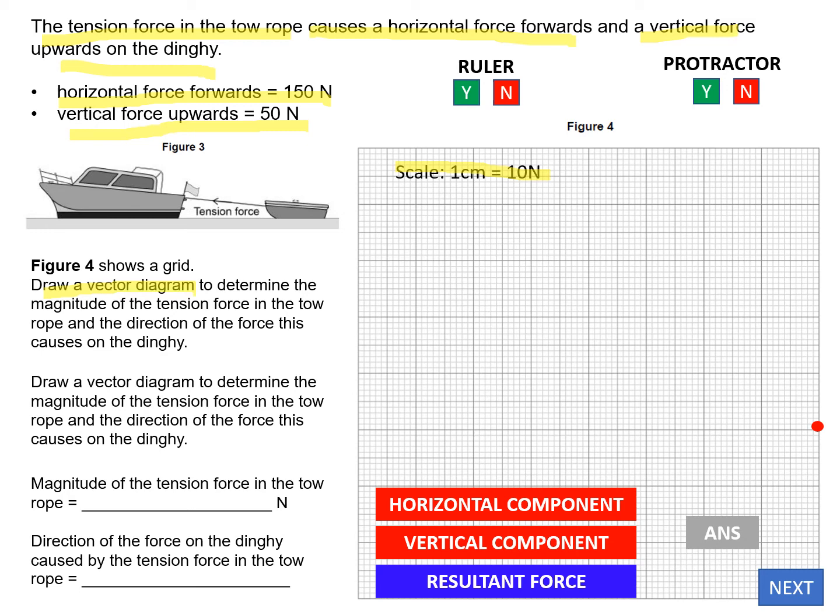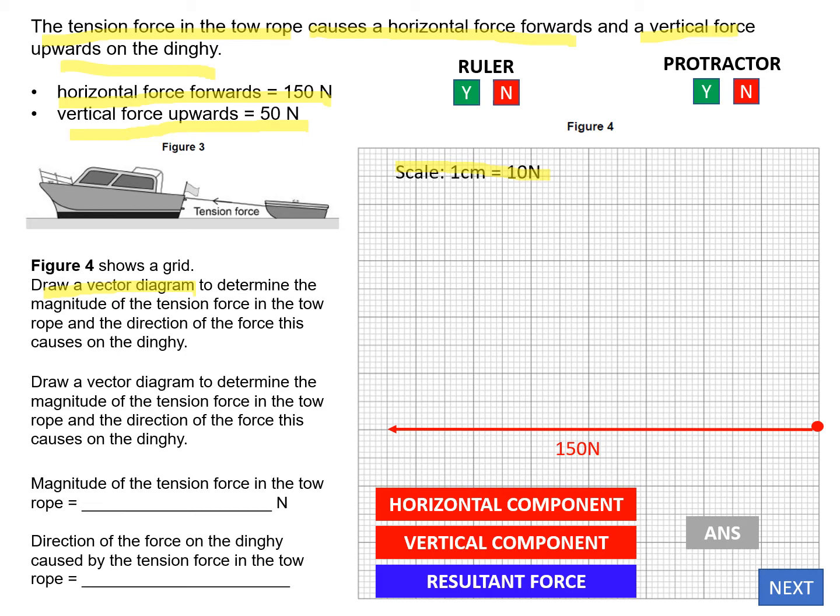So let's draw. Okay, let's draw on here what we mean by the horizontal component. So I've got my starting point over here. This red dot is the starting point. The horizontal component, then I'm going to draw that in there. That's 15 squares, because I said that 1 square is 10.